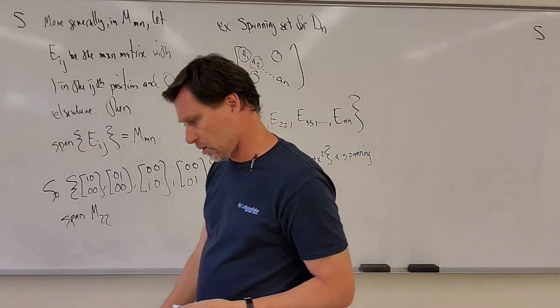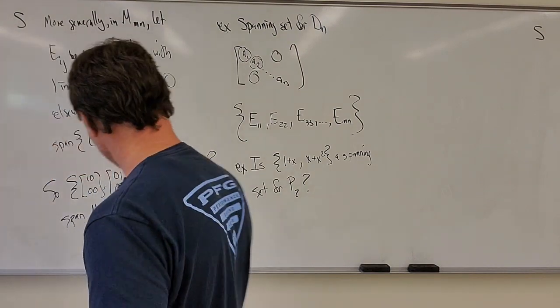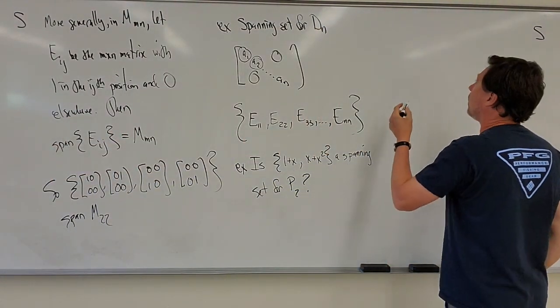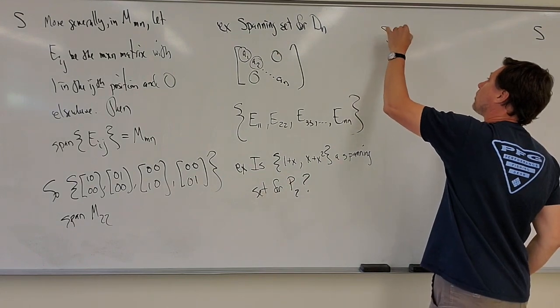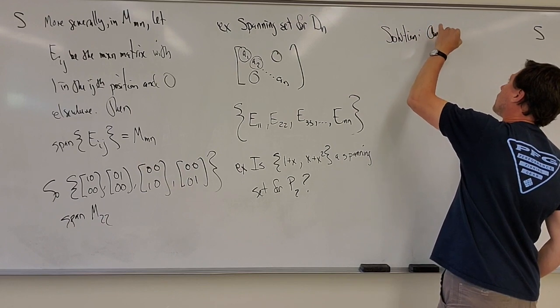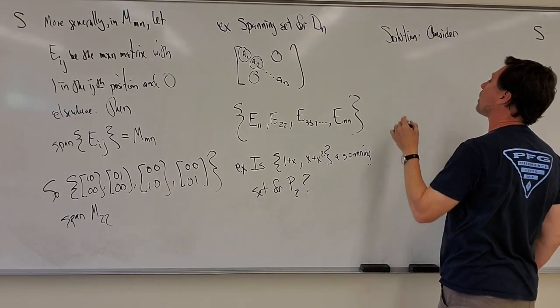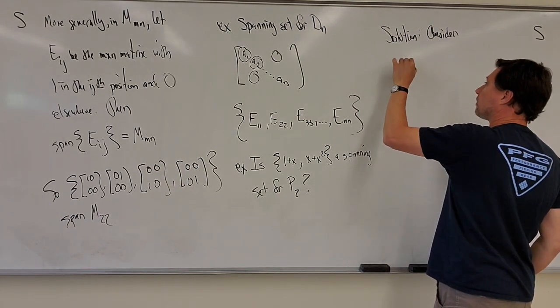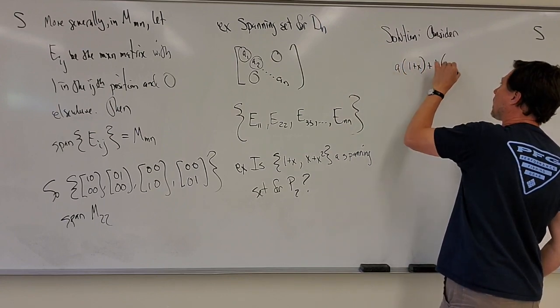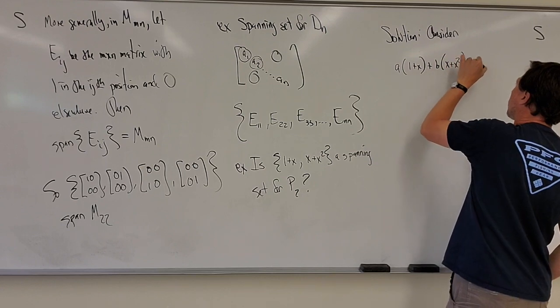And for the answer, well, the answer is no. And so let's see why. So the solution, consider the following: a times 1 plus x plus b times x plus x squared equals 1.